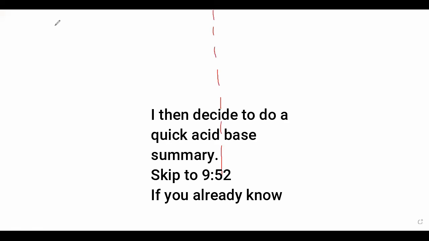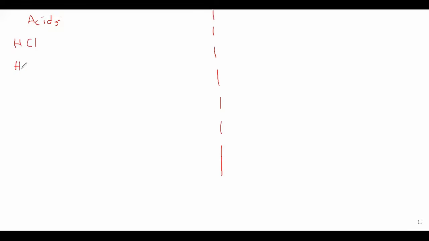If we look at some acids, some examples of acids would be HCl, H2SO4, and HNO3. Some examples of bases would be potassium hydroxide, sodium hydroxide, and barium hydroxide, for example.